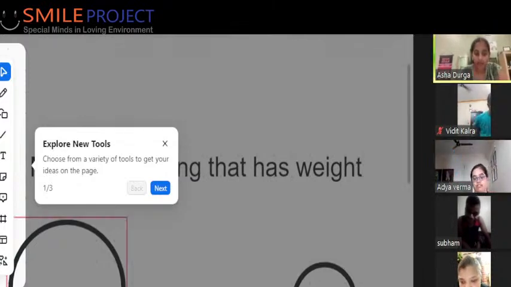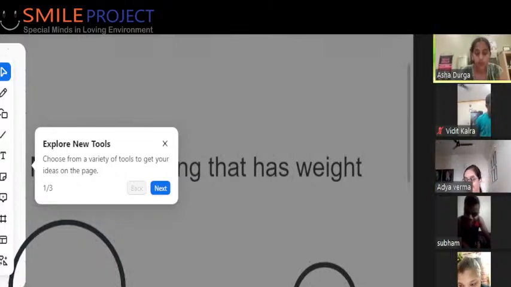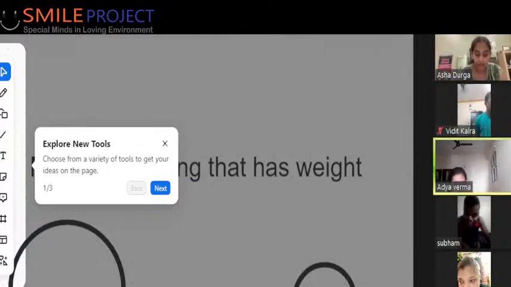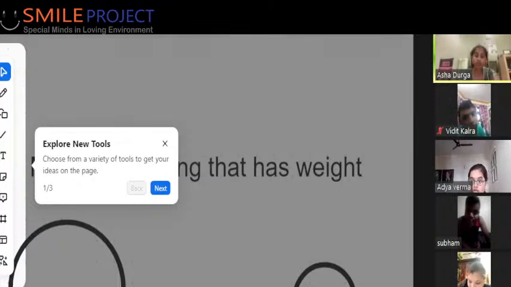Now which one has more mass? The bigger one has more mass. Very good. So the bigger it is, the more mass it will have. Okay, when it has more mass, what does that mean? What does it mean when it has a bigger mass?